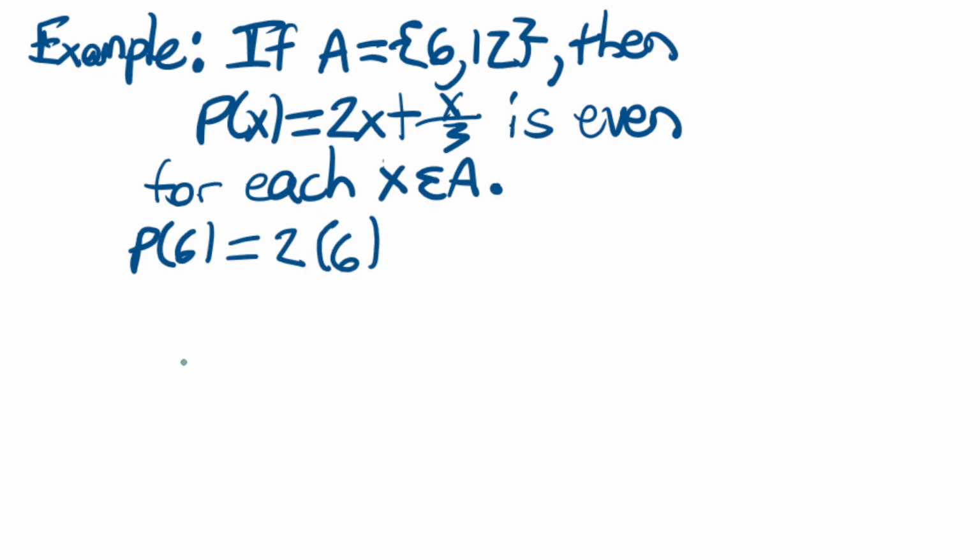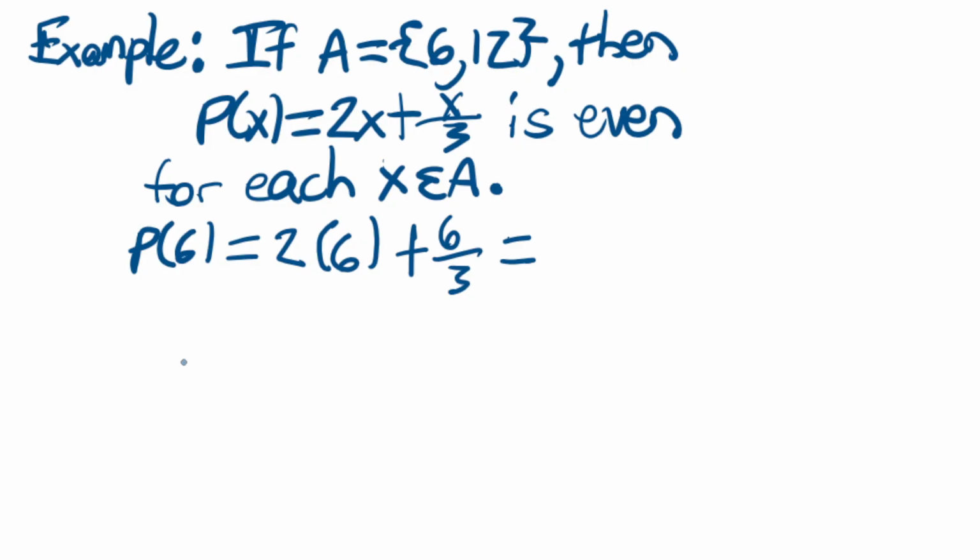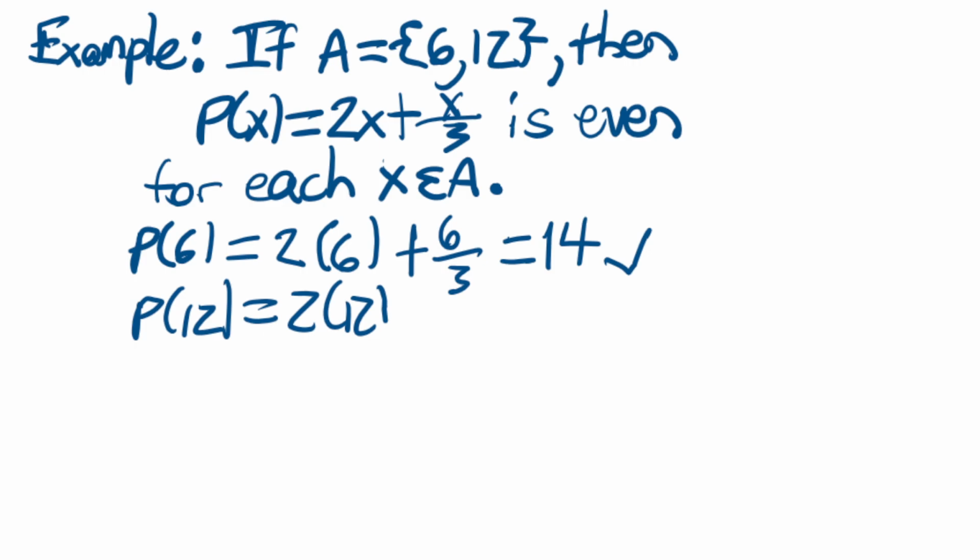If we plug in 6 into the open sentence, we will have 12, and then 6 divided by 3, which is 2, so that's 14, which is even. And if we plug in 12, we have 24, and then 12 divided by 3 is 4. That gives us 28. That's even.